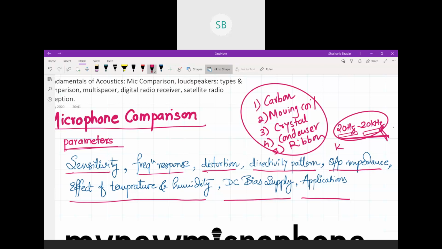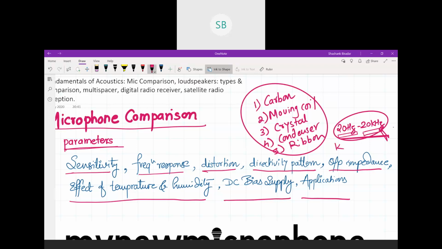Okay, so coming to the effect of temperature and humidity, only carbon and crystal can be affected by environmental parameters like temperature and humidity. Okay, then coming to DC bias supply. Okay, so for carbon and condenser, they require the external DC bias supply.